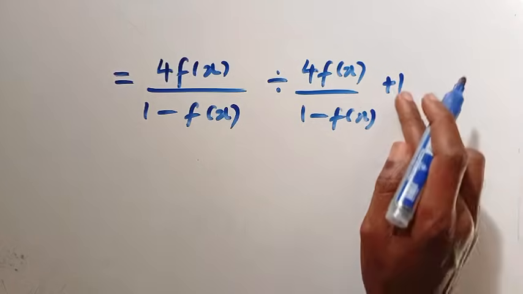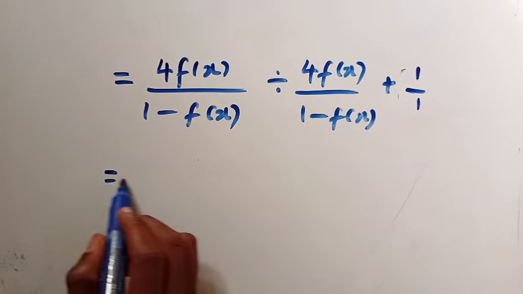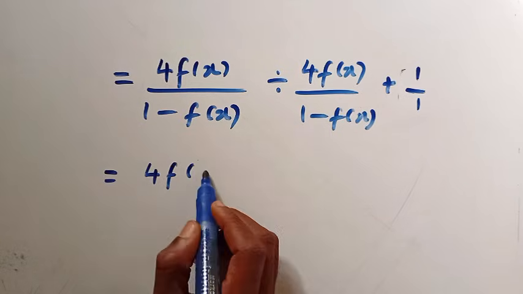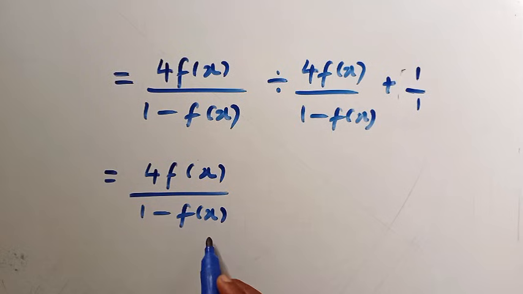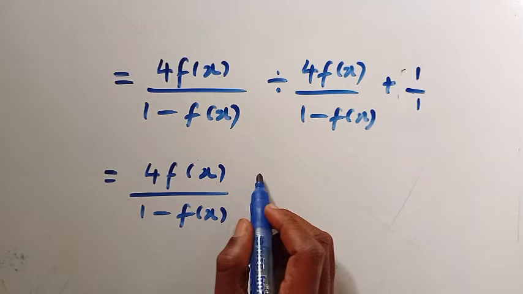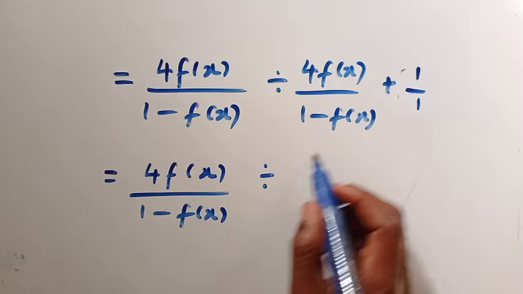Finding the LCM from here, let's say this is 1 over 1. We have 4f(x) over 1 minus f(x), then divided by, we multiply 1 minus f(x) with 1.